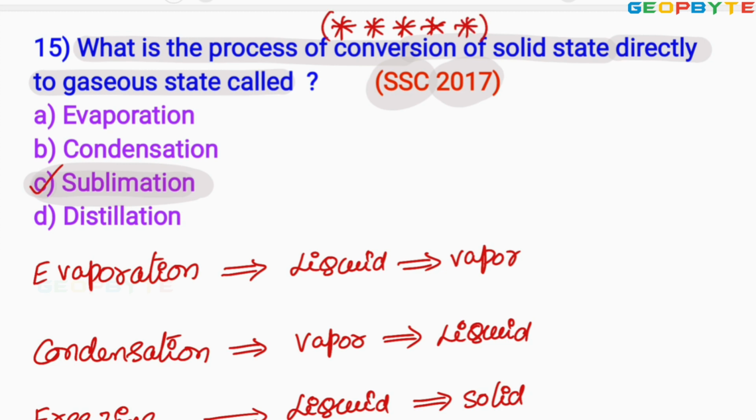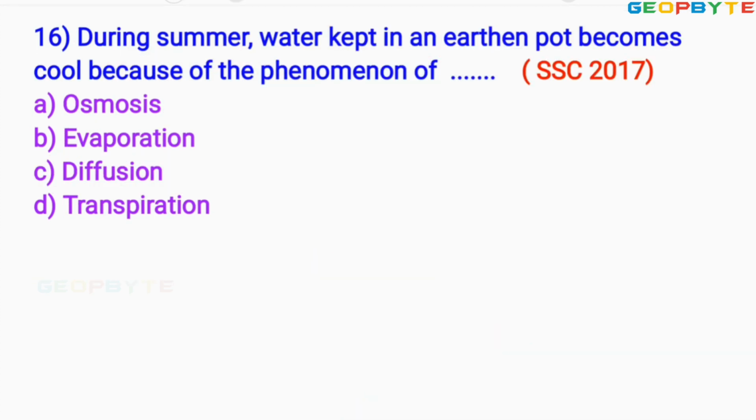Let us go for the next problem. Look at the 16th problem asked in 2017 for SSC exam. It was asked like this: during summer, water kept in an earthen pot becomes cool because of the phenomena of evaporation. Dear friends, generally in India, we are using the earthen pot in the summer season for the purpose of cooling the water.